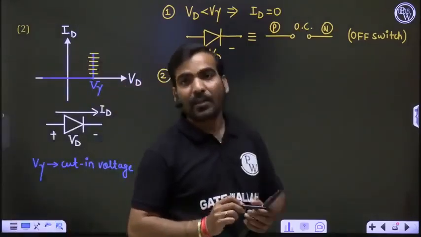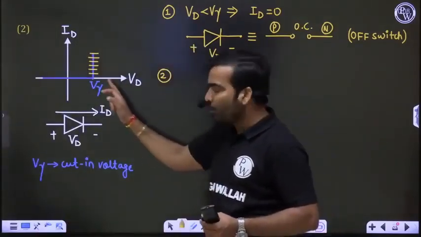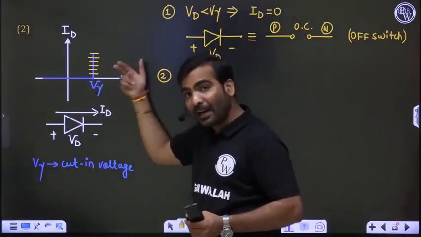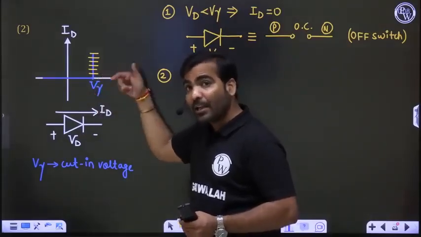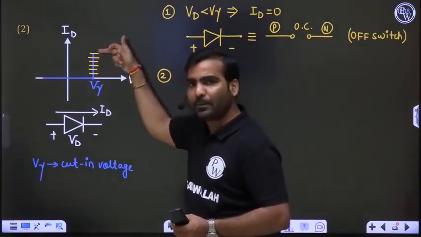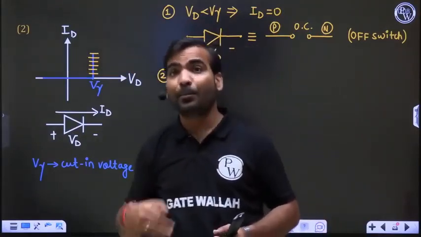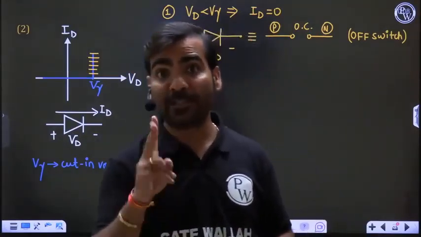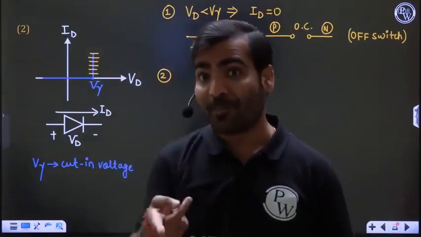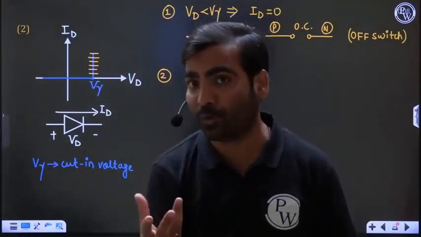Now tell me which element from network analysis is like that, whose voltage is constant, but it can have any value of current: 1 milliampere, 2 milliampere, 3, 4, 100 milliampere, 200 milliampere. Which element? Short circuit has 0 volt. No. Voltage is V gamma. For example, let us assume V gamma is 1 volt.